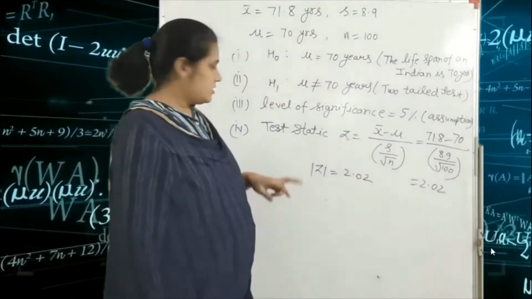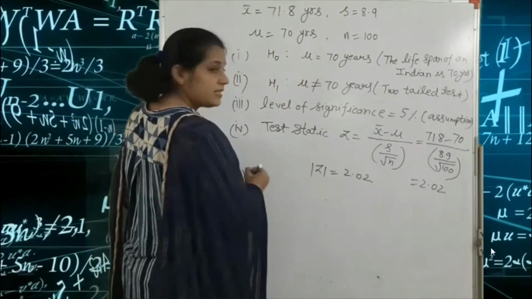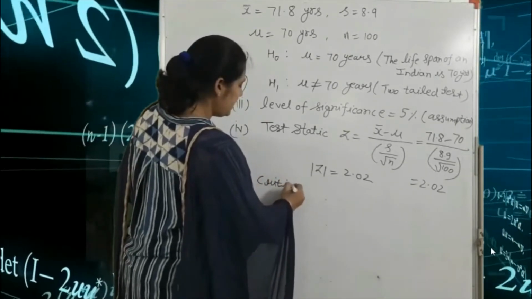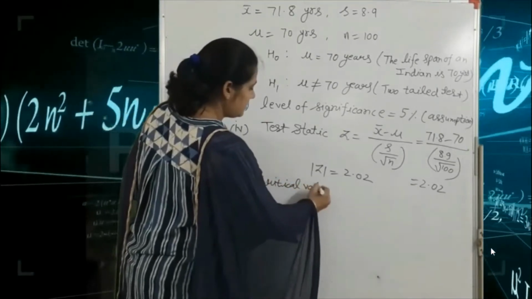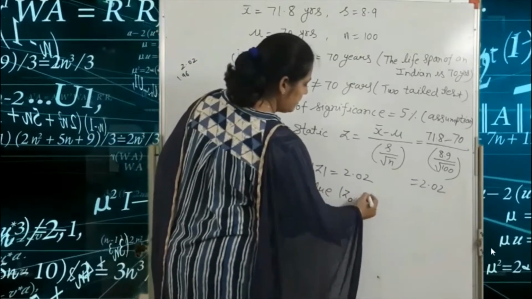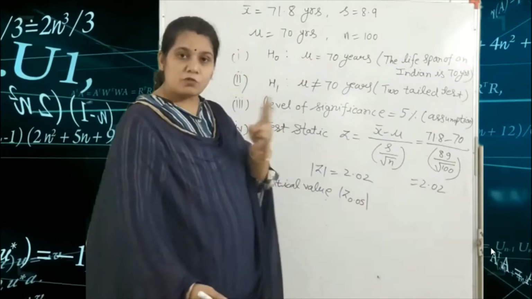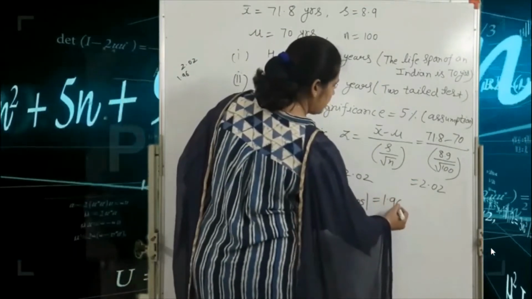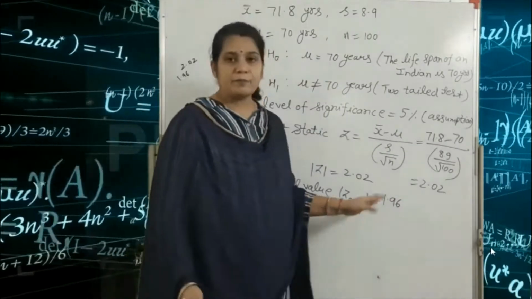Got it? So our next step, the fifth step, is the critical value. The critical value, that means mod of z alpha at 5% level of significance for a two-tailed test, is equal to 1.96. Okay, so compare both the values.